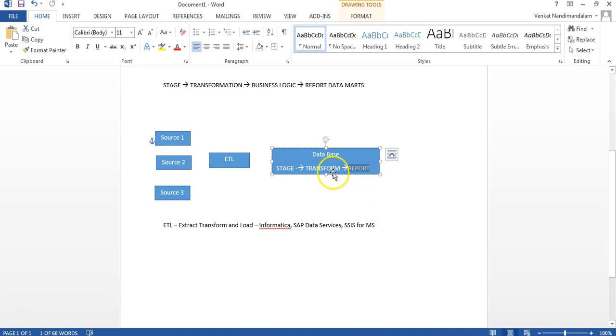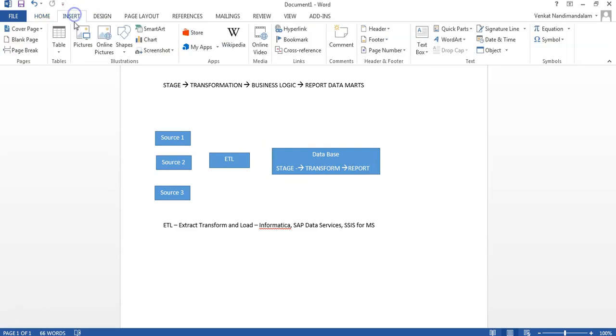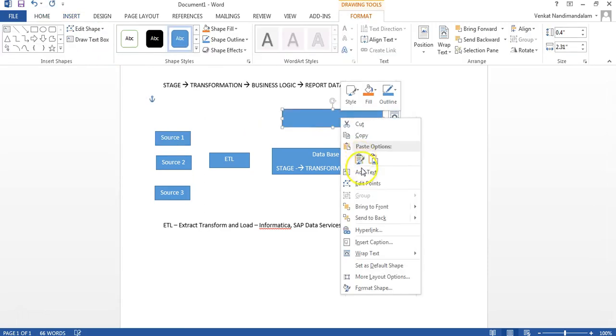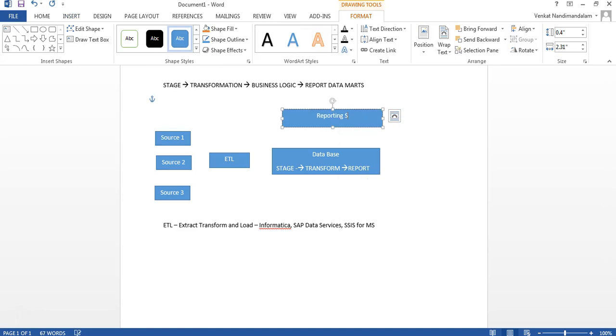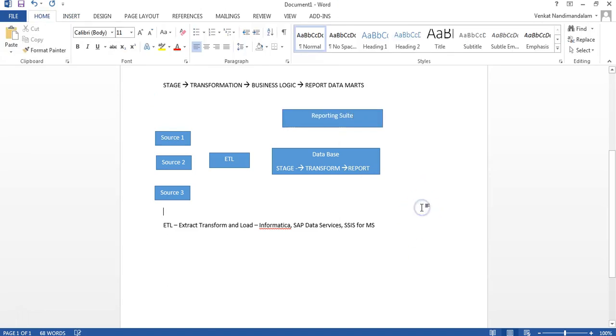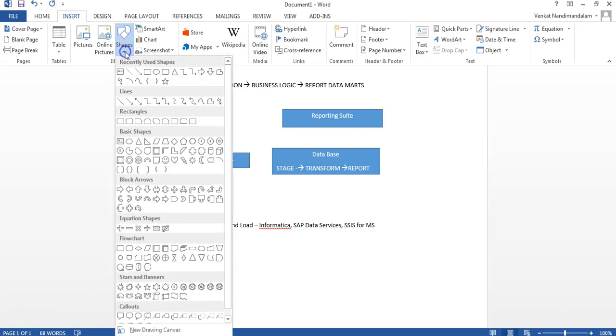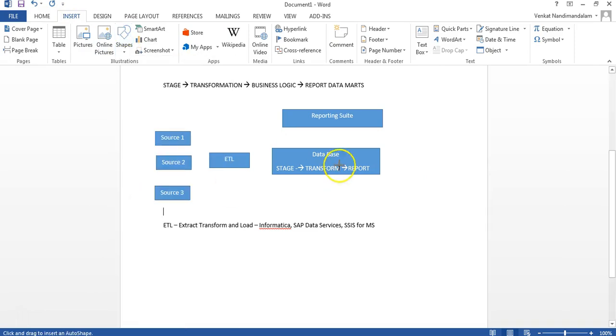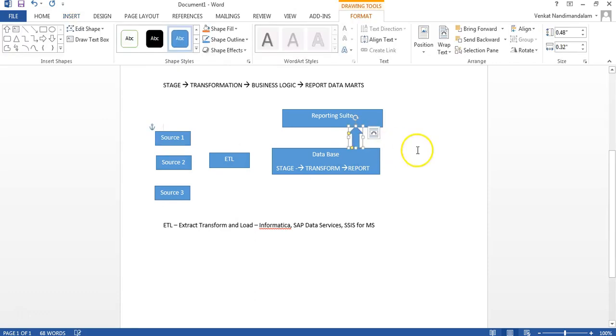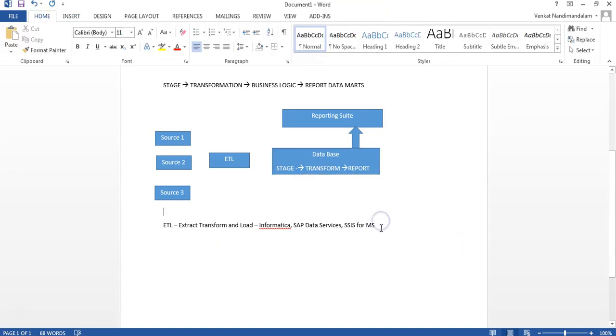Okay, so whenever you want to move data from one schema to another schema, you will always be using your ETL tool. Now once you have the data in your report schema, you are going to build reports. So we have different reporting tools available in the market. I'll just call it a reporting suite. You can use any of the reporting suites available in the market to build your reports for the customers. You always use the data from the report schema to build your reports.